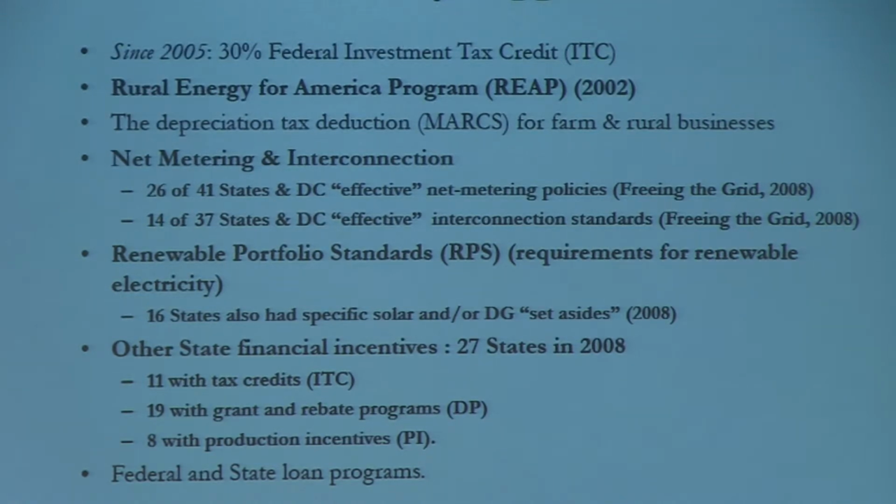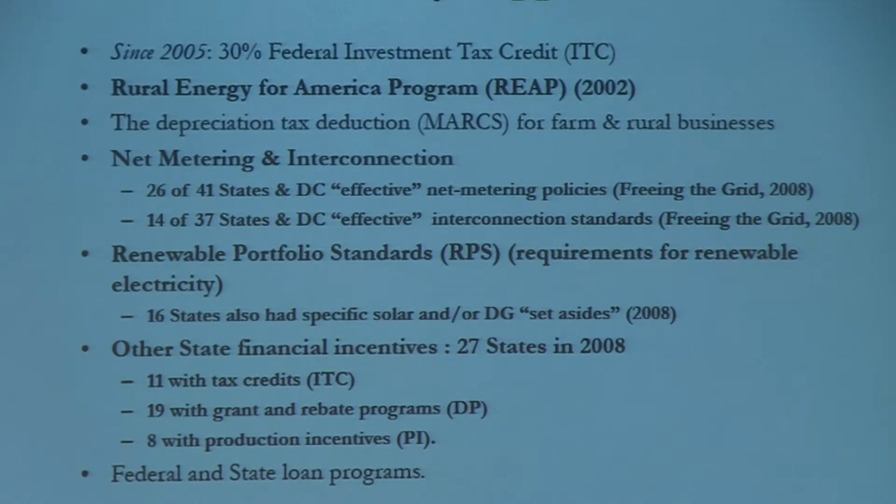The renewable portfolio standards are requirements for renewable electricity at the state level, and even though they're really directed to utility scale, they have had an impact in distributed generation as well, especially in the cases where we have a specific set aside for solar and distributed generation.